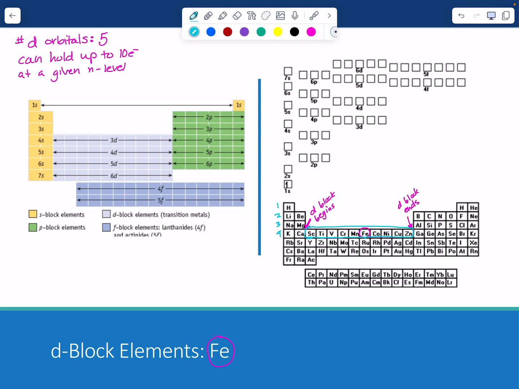So let's do it for iron. Iron is 1, 2, 3, 4, 5, 6 blocks over, 6 blocks in from the beginning of the D block.